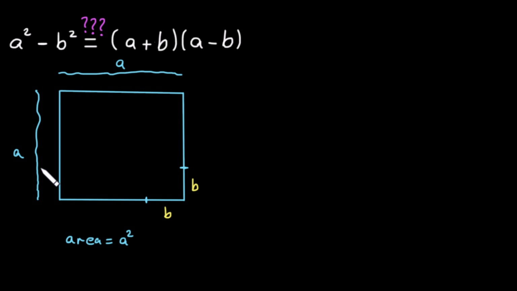So if we extend this one to there, because I want a square minus b square, I want to subtract the area of this square, which is b square, from the whole area, which is a square. So let's extend this here, and let's extend this one there.